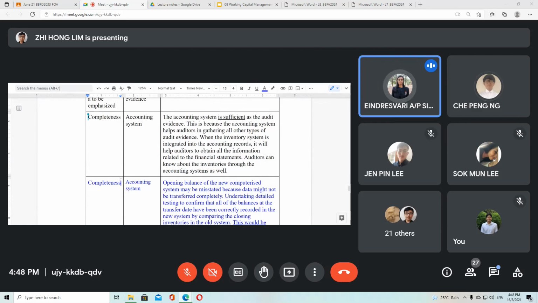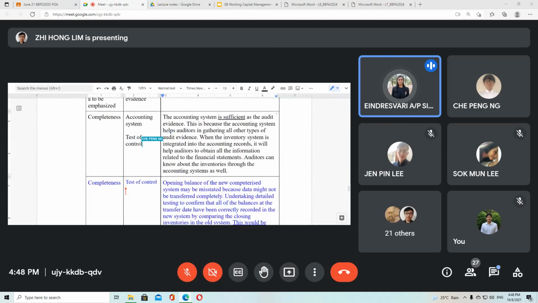So how do you know whether it's working well or not? What is the type of evidence? You will need to perform more tests of controls on the transactions to assess whether the transactions are recorded completely or not. We are not concerned whether the opening balance was transferred correctly or not.